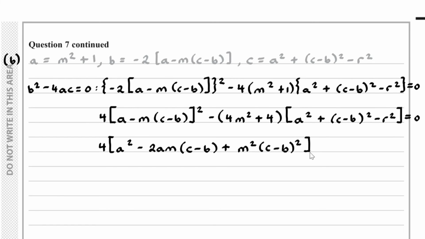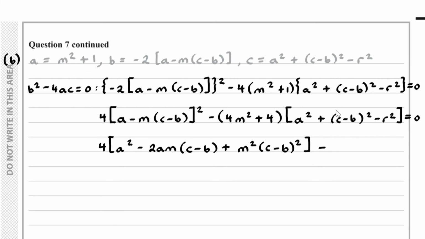and then we have minus, well, what we'll do here is expand the brackets, so we have the minus 4m squared times by a squared.